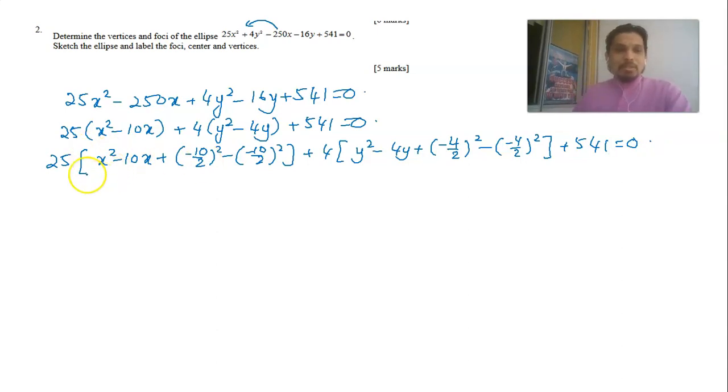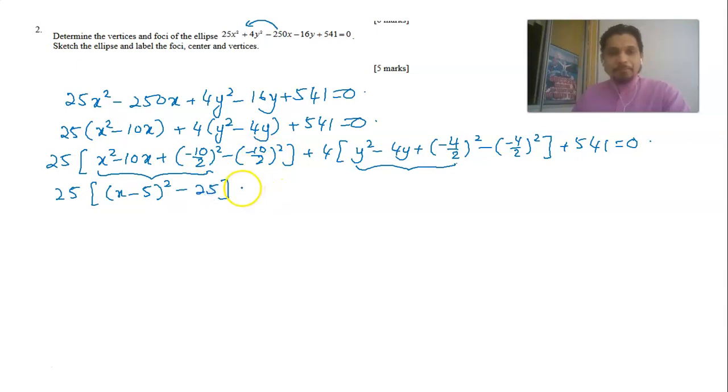Okay, so look at these three. And also here, 25. Just imagine that, look at this: x, negative 10 divided by 2, negative 5, squared, is 25.